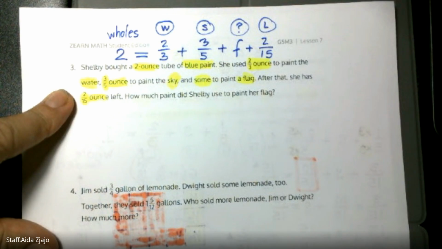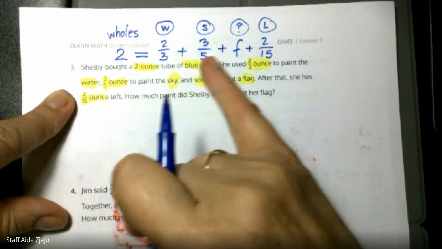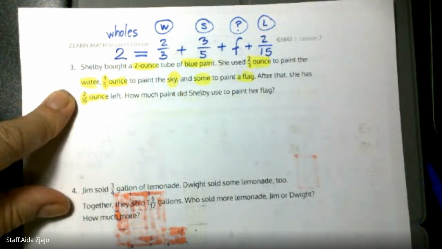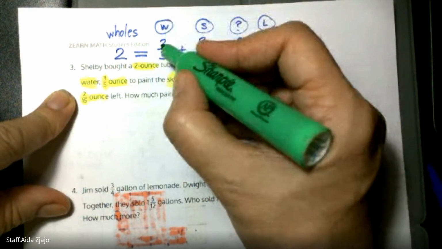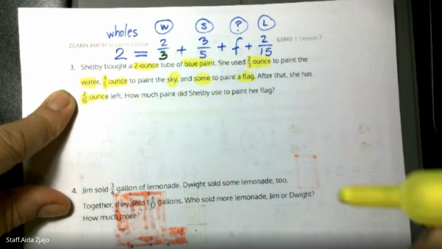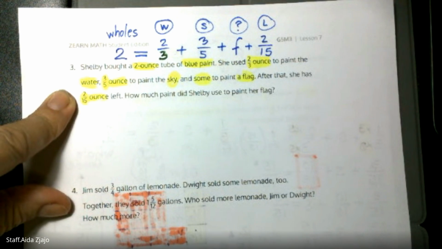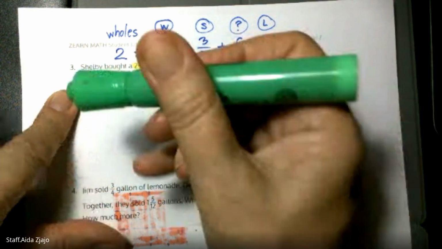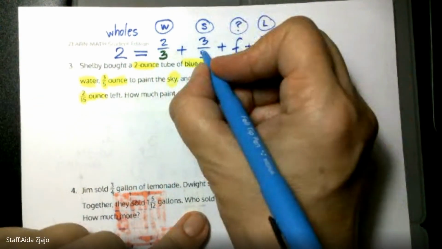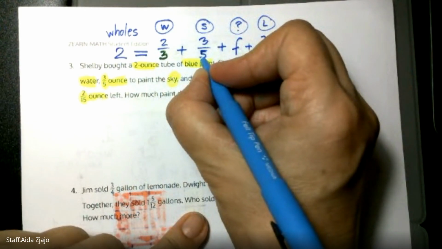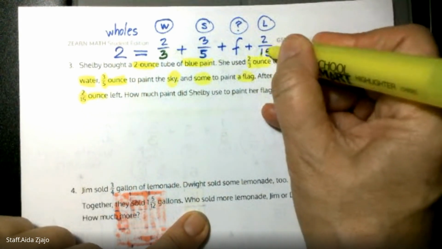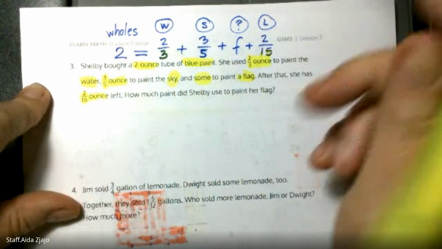So we can see that 3, 5, and 15 are not the same fractions. Thirds are like 3 people sharing a pizza, fifths are 5 people sharing a pizza, and 15 means 15 people are sharing the same pizza, if you think of it in those terms.